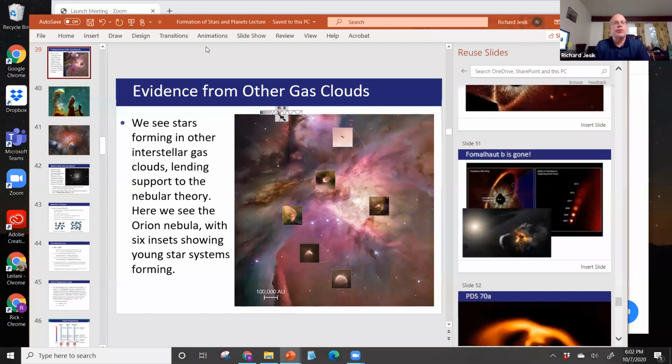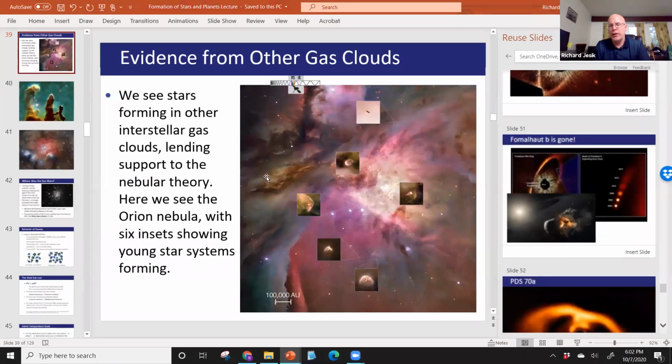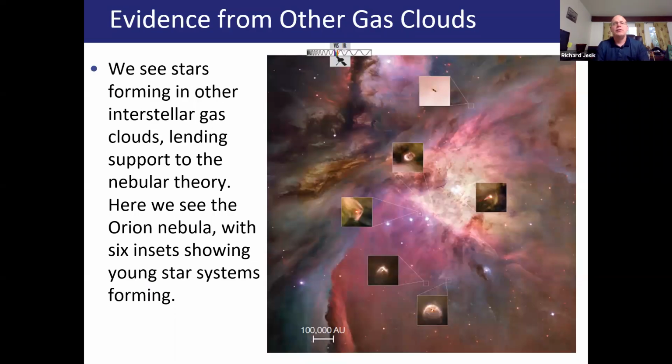Okay, so the nebular theory. The nebula, remember, is a large collection of dust and gas. And here is actual observation of the nebular theory. This process that we're going to learn about tonight, the shrinking of the cloud under gravitational forces, takes millions and millions of years.